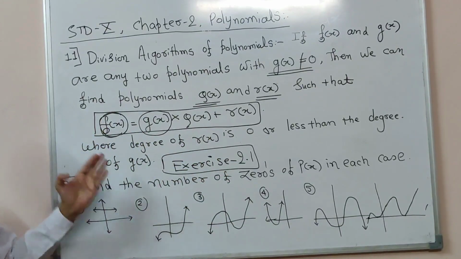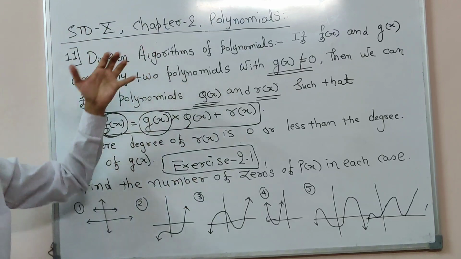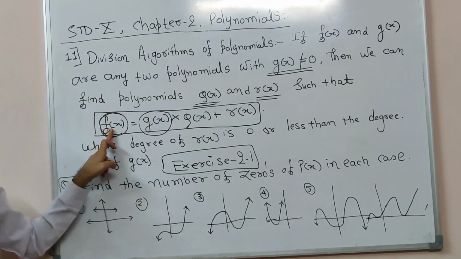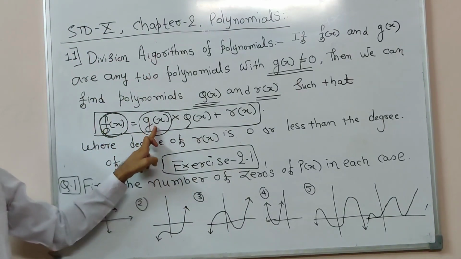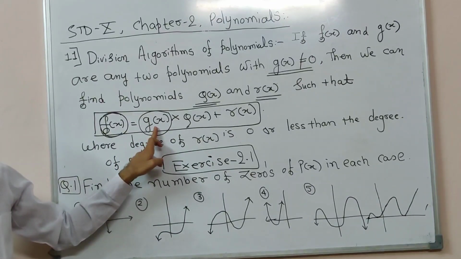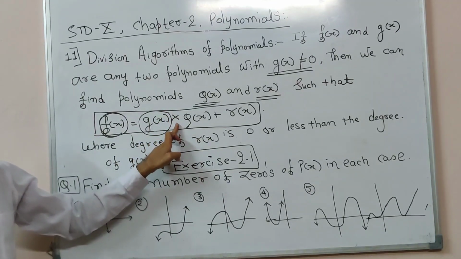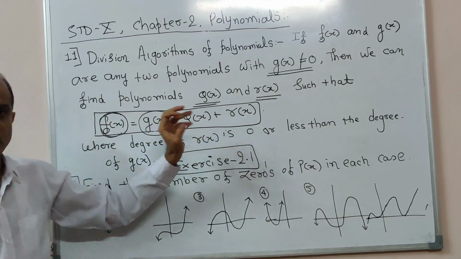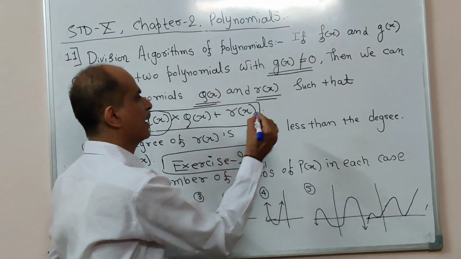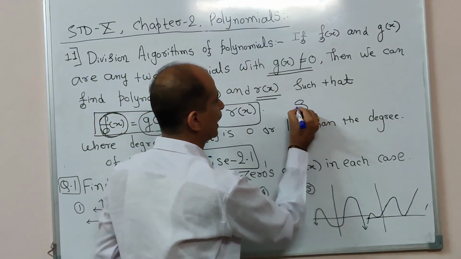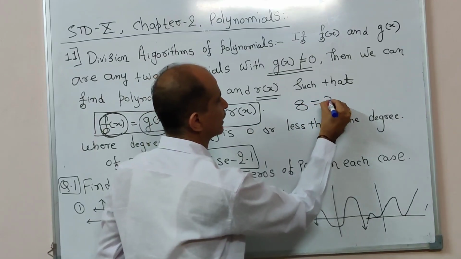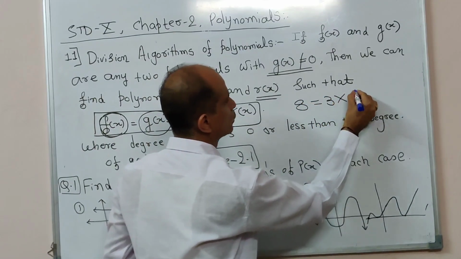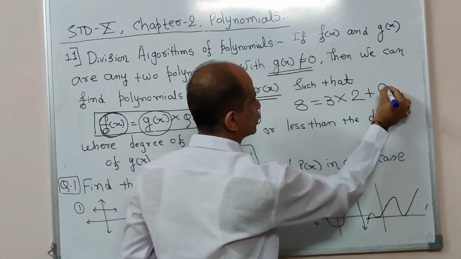So you can also write this formula, the division algorithm, in words: dividend is equal to divisor into quotient plus remainder. For example, if you divide 8 by 3, you can write 3 twos are 6 plus 2.